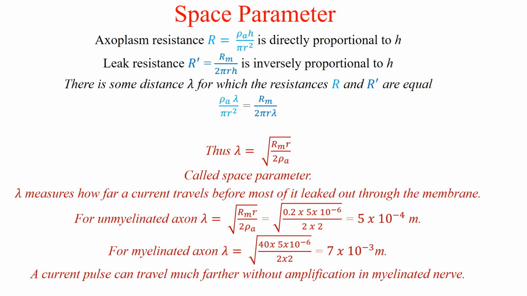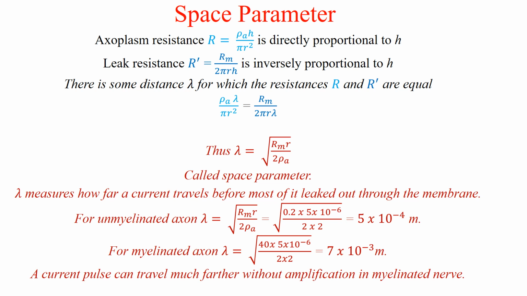So at a given distance, R increases linearly with H and R prime decreases linearly with H. This means that there is a distance called lambda at which R and R prime become equal.